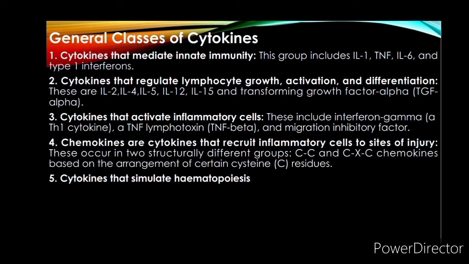They are called colony stimulating factors or CSF because they were originally identified by their ability to promote the growth of hematopoietic cell colonies from bone marrow precursors. Lymphocytes and bone marrow stromal cells are the major source of these cytokines. Examples are granulocyte macrophage CSF, or GM-CSF, and granulocyte CSF, or G-CSF.